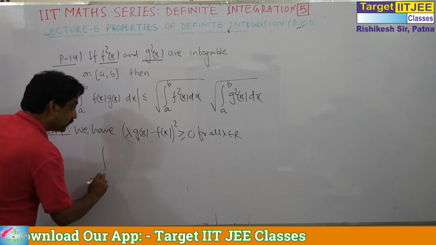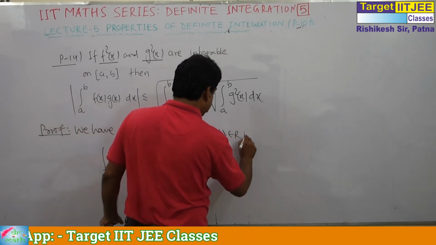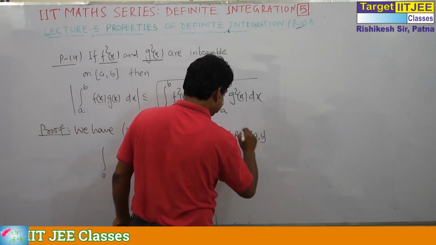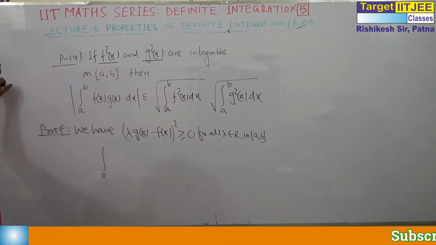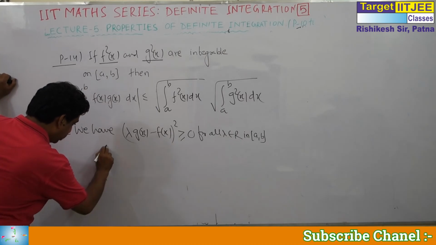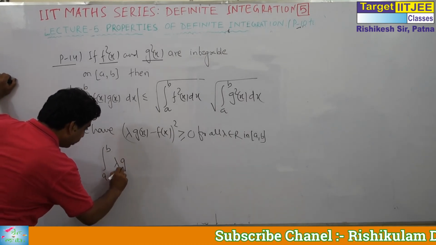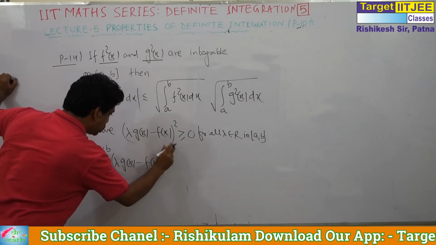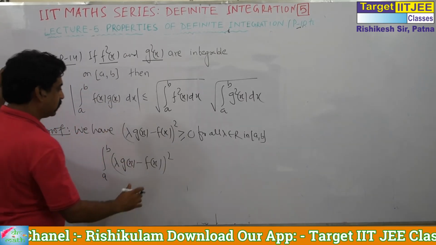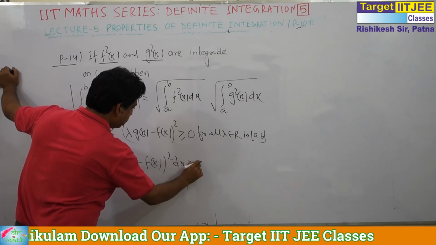Then in AB, since this is a square, it is always positive. What we have read in property 10: the integration of a positive function is positive. So this will be the case.